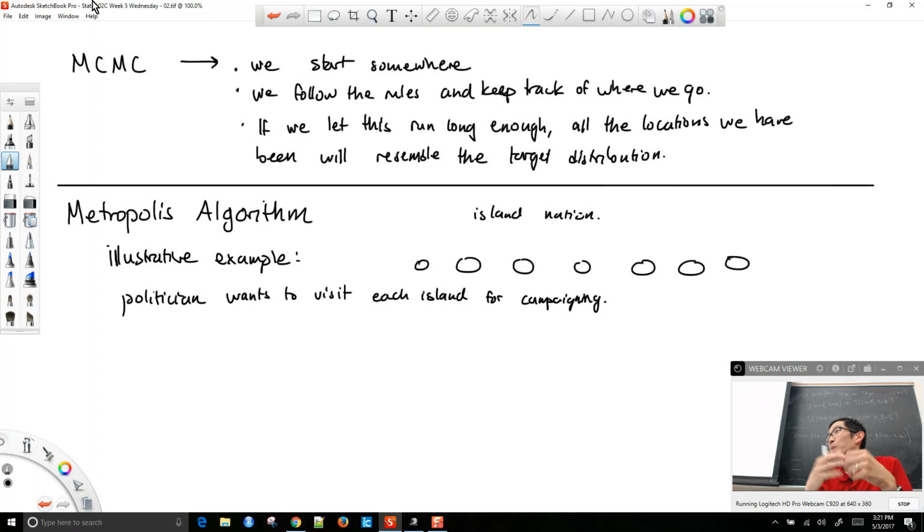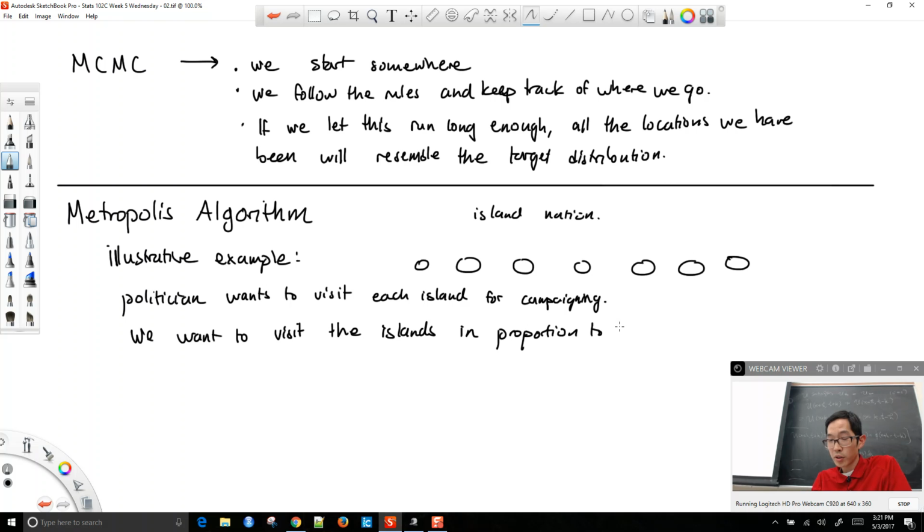The island with the smallest population, the politician wants to visit the least.